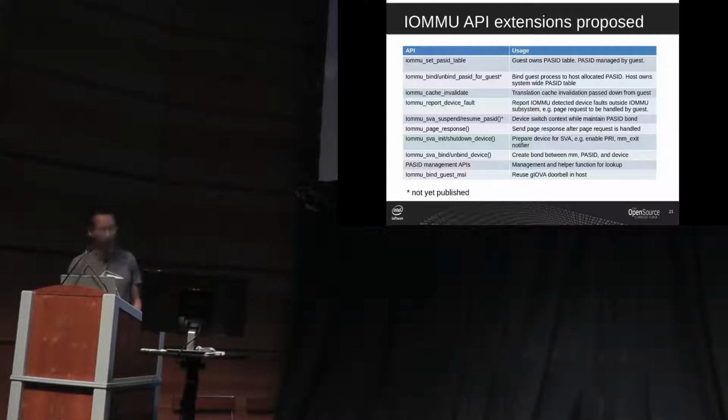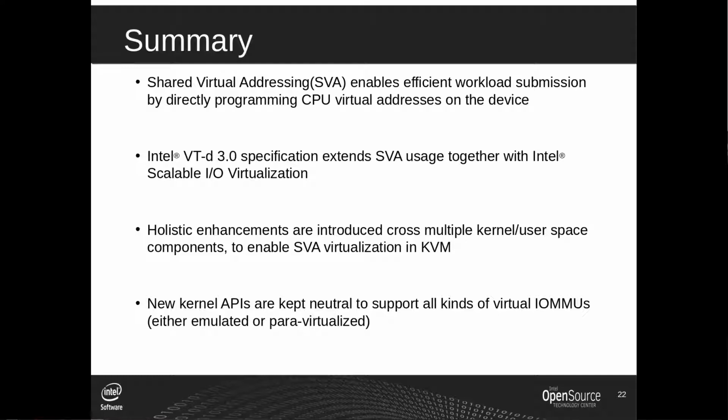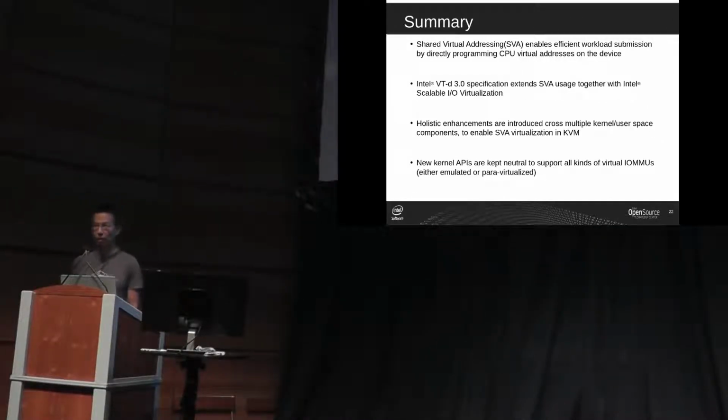I think we're running out of time, so I'll just go to the summary. As shared virtual address has become a convenient and efficient way to submit workload to, for example, accelerators, and really simplifies the programming model, VTD has introduced a new spec that has a scalable mode, which is the only mode that supports PASID and shared virtual addressing.